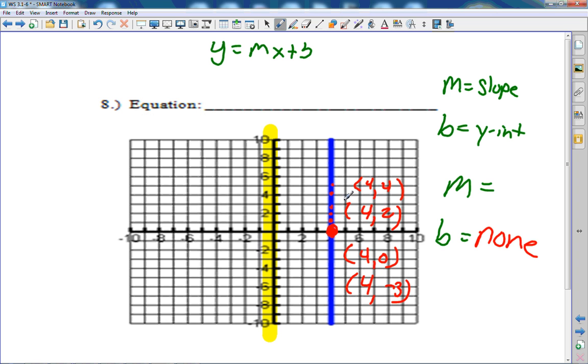What do you notice about all the x numbers? They're all the same, right? My equation is going to be x equals 4, because on a vertical line, everywhere on here, the x number is 4. Now, when they're asking you what is the slope of a vertical line, all we say is undefined. Or you can say none, because there isn't a slope of a vertical line.